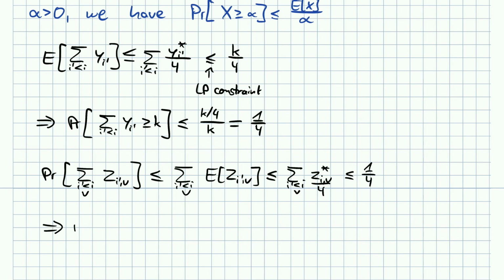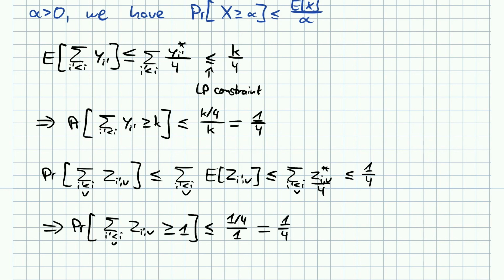So the probability that this sum here is at least 1 will be at most a quarter divided by 1 by Markov's inequality, so this will be at most a quarter.